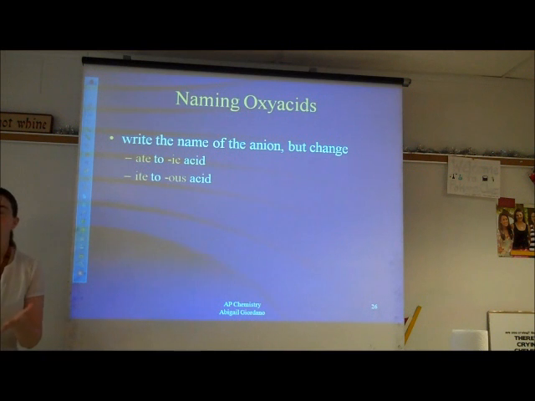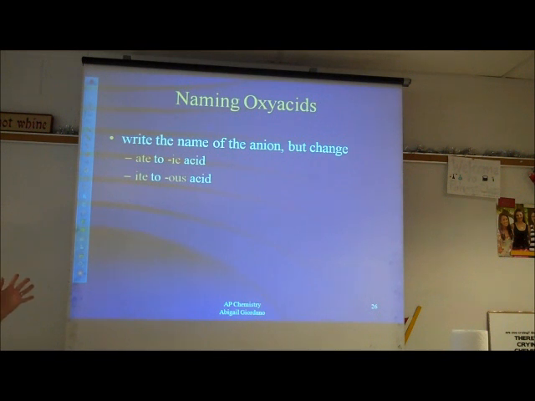To name or write your formulas for your oxyacids, ladies and gentlemen, you need to know your polyatomic ions backwards and forwards. If you don't know the names, formulas, and charges of your polyatomic ions, it makes dealing with oxyacids very, very difficult. If you see an acid, remind me, how do you recognize an acid if I just give you a formula?